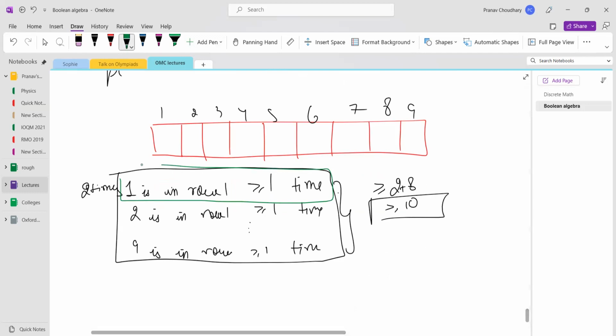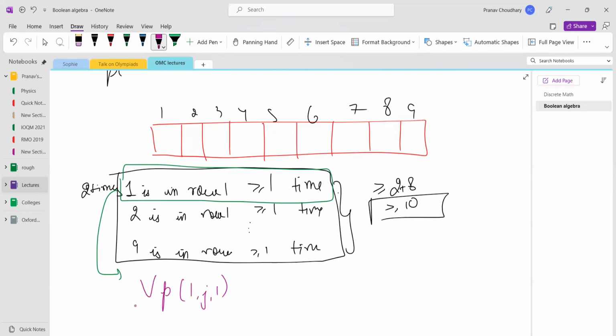Let's think about this condition individually now. So we just want that P1 comma j comma 1, taking the OR for j equals 1 to 9, is true.